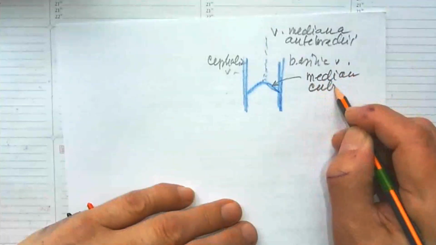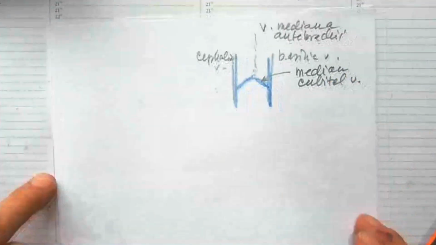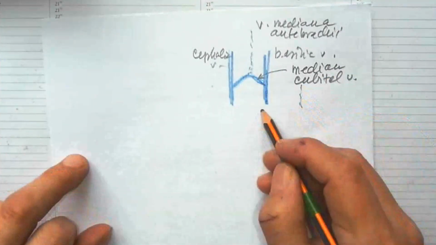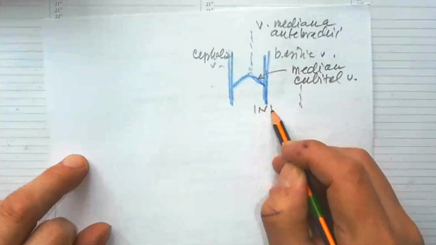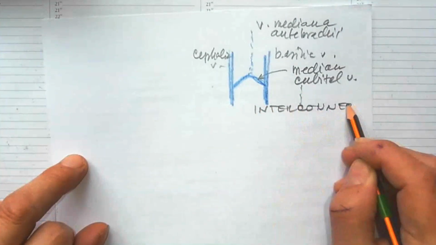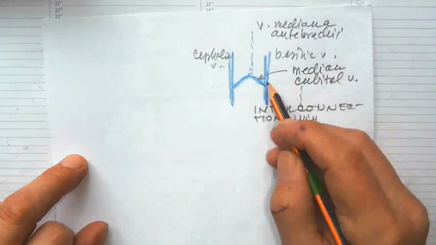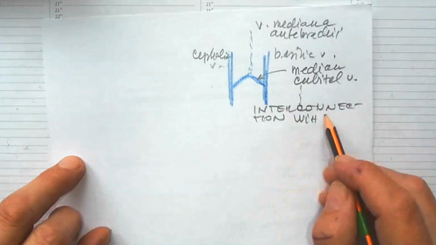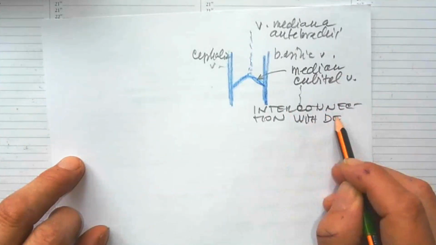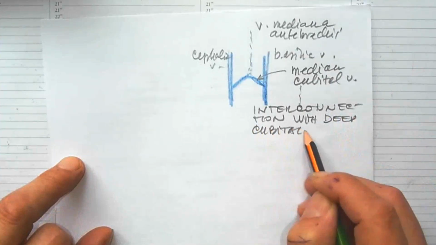This vein is important because it represents an important interconnection, because it's superficial, with the deep veins, with the deep cubital veins.